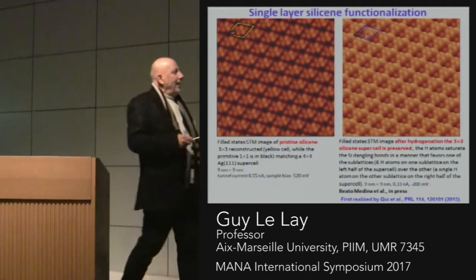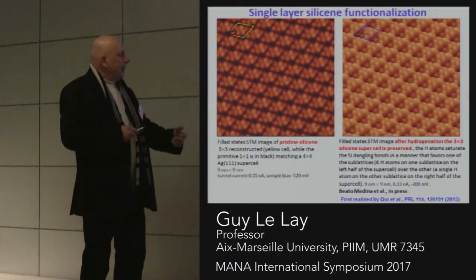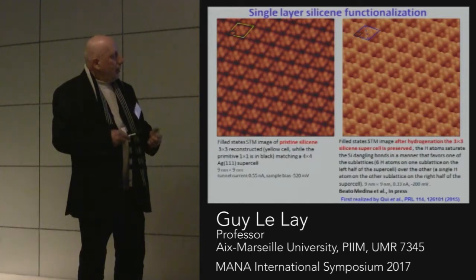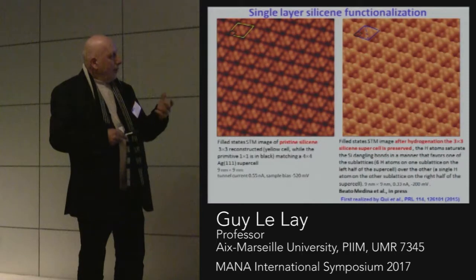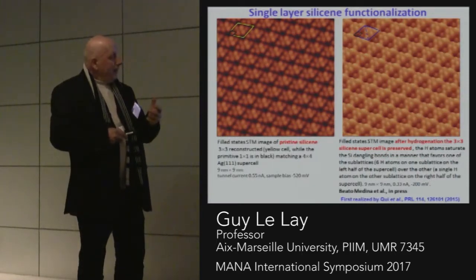Functionalization: amazingly, we can functionalize this silicene structure with hydrogen. This is ordered hydrogen adsorption. And here, each bump, protrusion, is a hydrogen atom. The 3x3 supercell is preserved, but now there is symmetry breaking, okay?